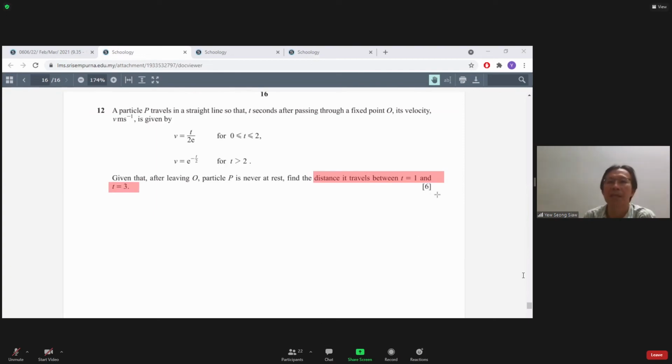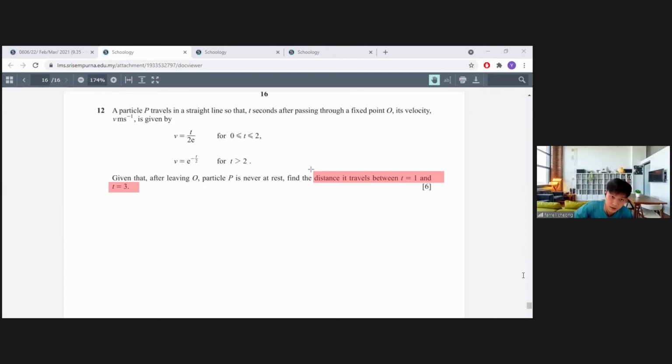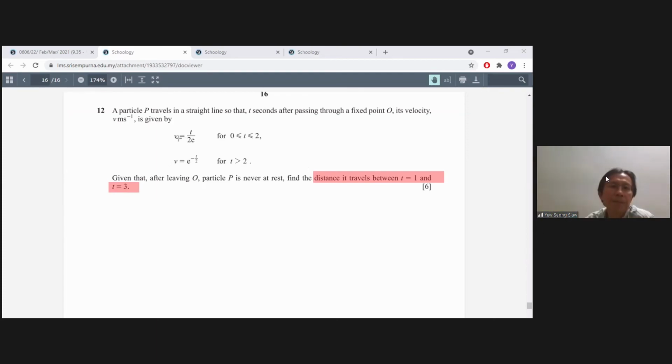6 marks is not very easy. It's quite long. What is your method? How do you want to start? Integrate the first one. Integrate v equals t over 2e. Okay. After that, you sub in 2.